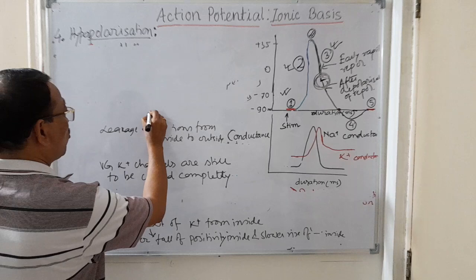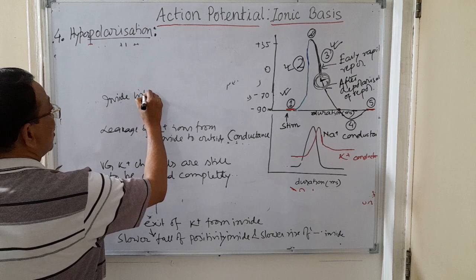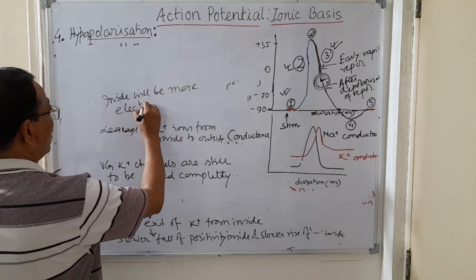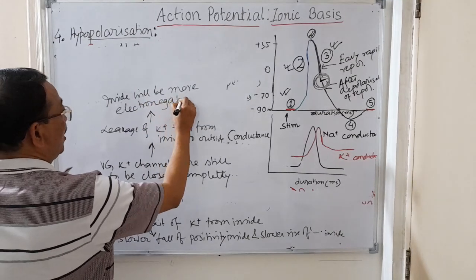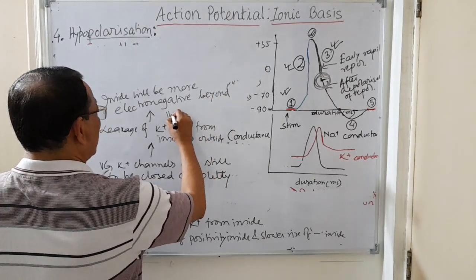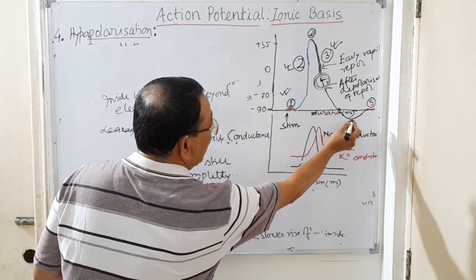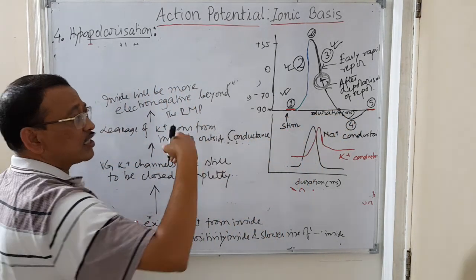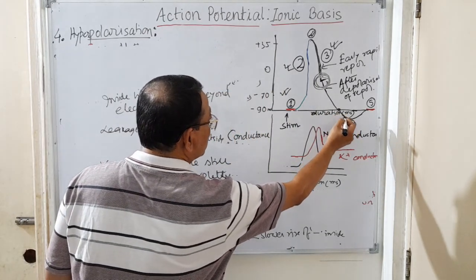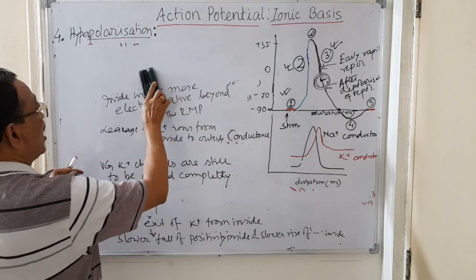More potassium ion goes out means inside will be more electronegative, beyond the resting membrane potential. So beyond the resting membrane potential, inside electronegativity goes further increase, and this is the phase which is known as the hyperpolarization.